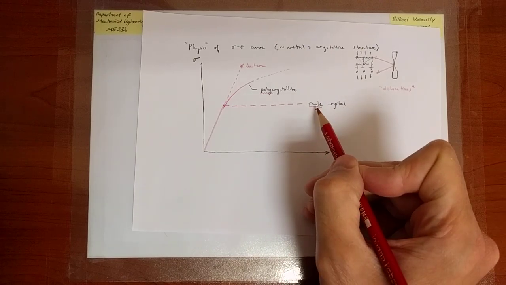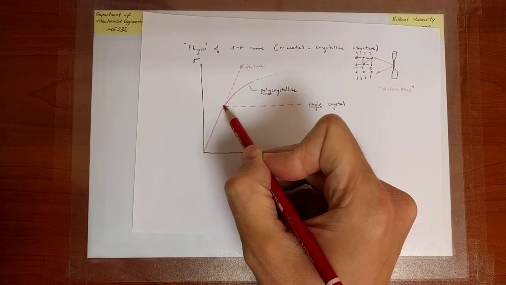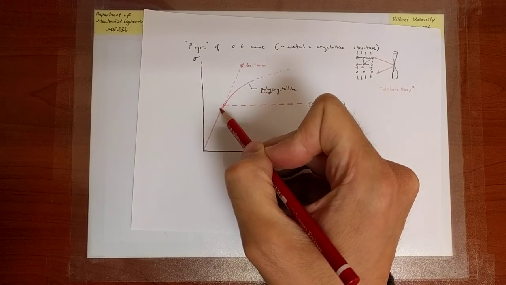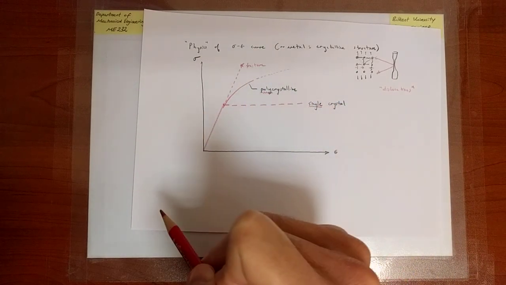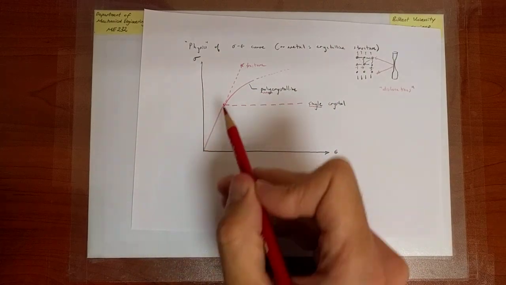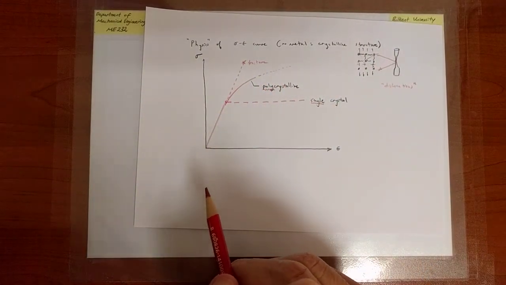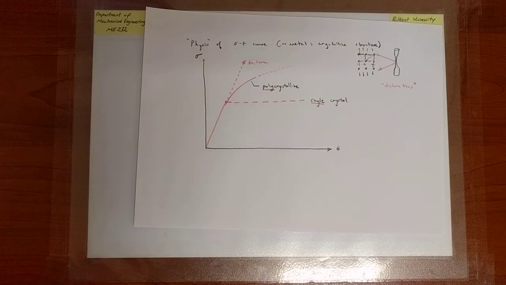When the material tries to deform, it cannot deform as easily as it could in a single crystal, and instead it follows an increasing stress-strain curve, and that's because of this polycrystal structure.